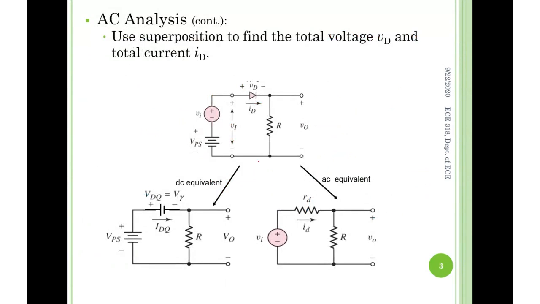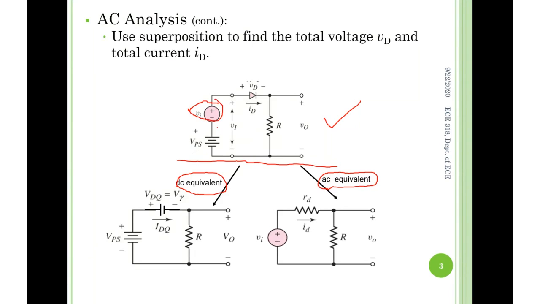Superposition further means how to conduct the DC and AC analysis. We split the original circuit into a DC circuit and an AC circuit respectively. How do we come up with a DC circuit from the original circuit? Well, you eliminate the AC source first.